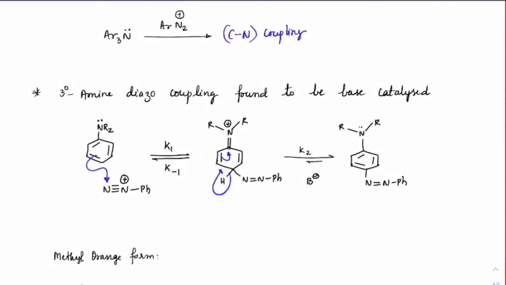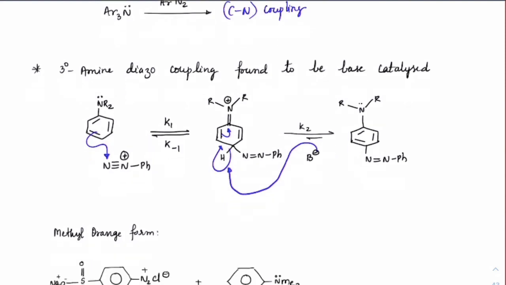So to retain the aromaticity, especially in tertiary amines, a slightly basic medium can be helpful. If we have a base, that will extract the proton from here and retain back the aromaticity, got it. I hope you guys understood that. So you can see tertiary diazo coupling is base catalyzed, to ensure the aromaticity is retained.